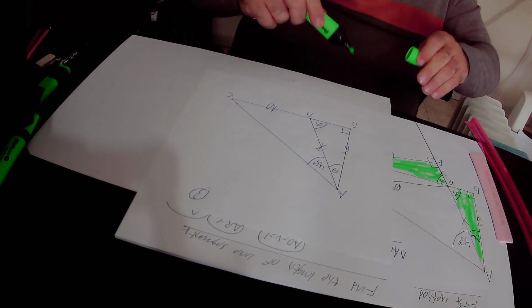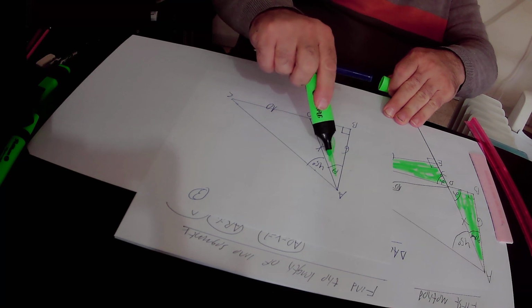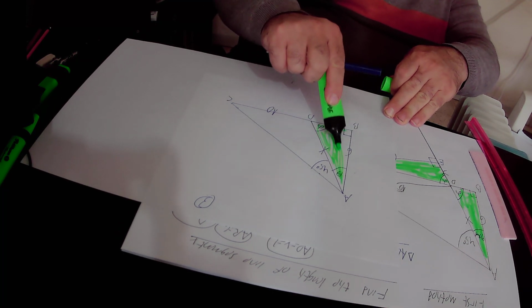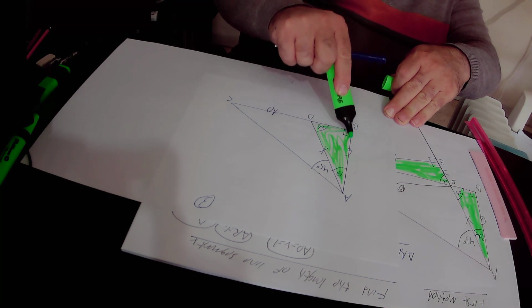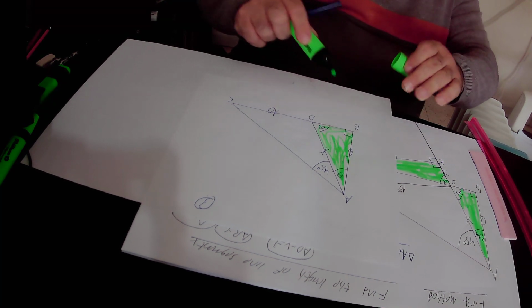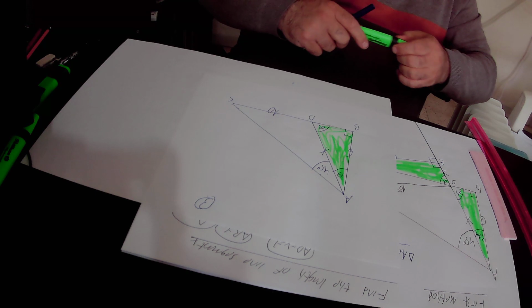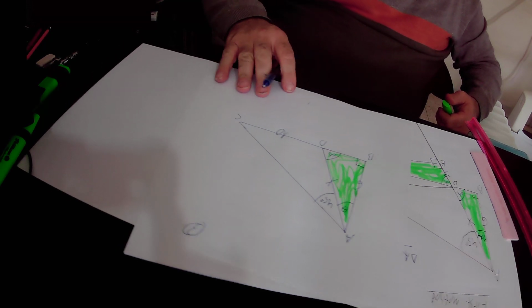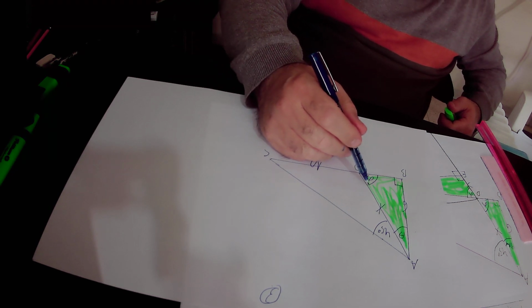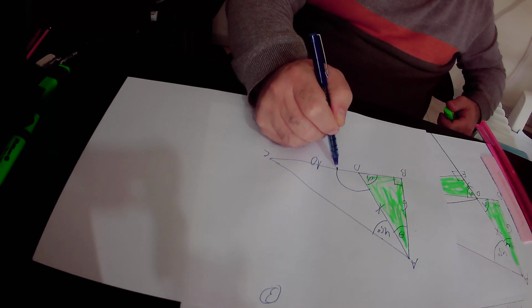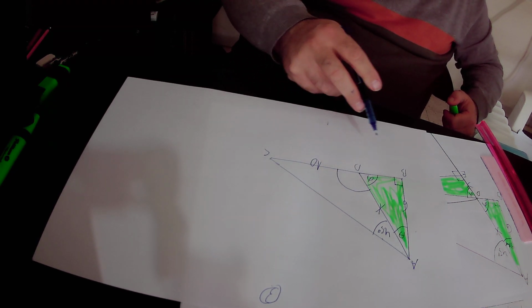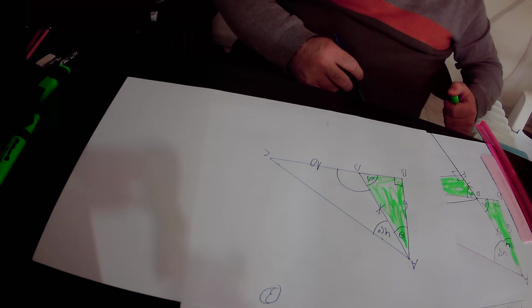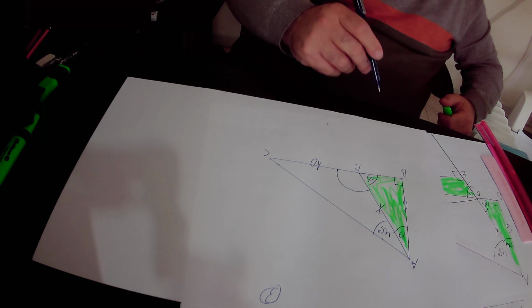So in the right green triangle ADC, we have three interior angles that are theta, 90 degrees, and alpha. And this angle ADC is defined as an exterior angle of triangle ABD. Okay? So I write it down.